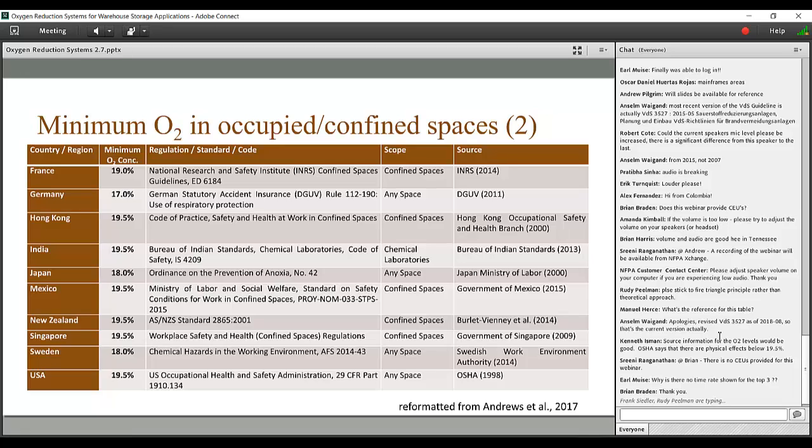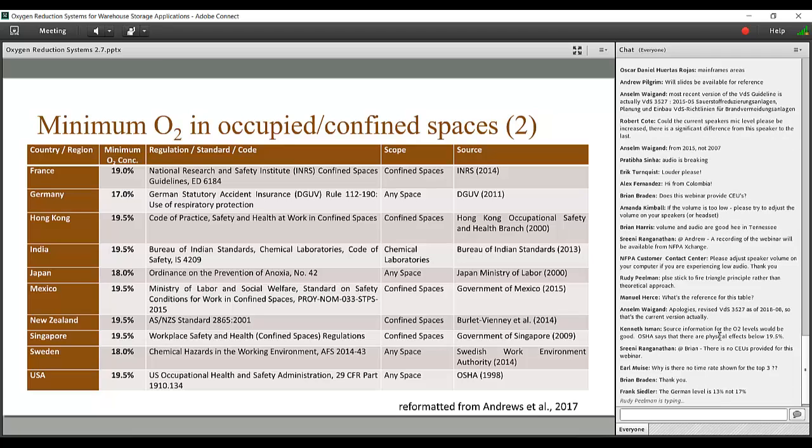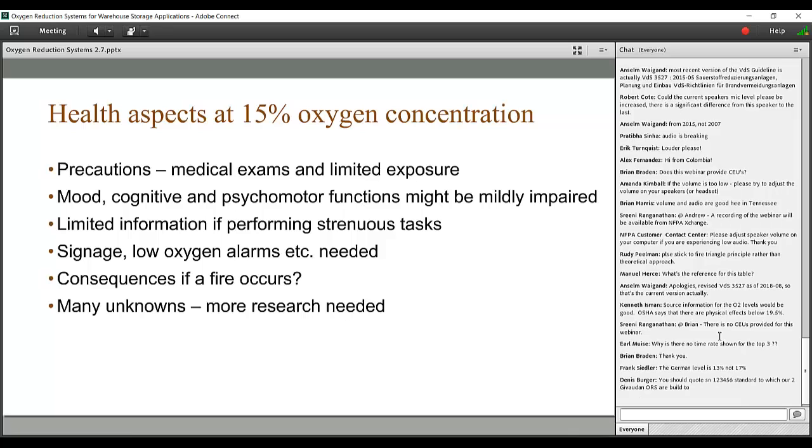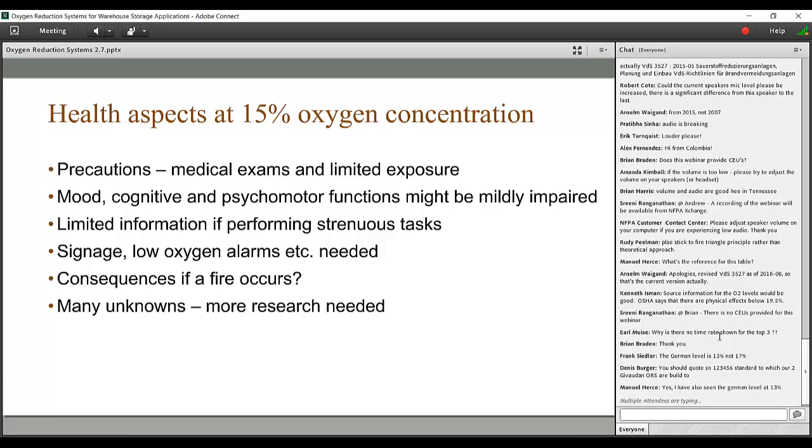Ultimately, when we looked at these issues, in discussion with the project technical panel, we decided it would be important to focus on ORS systems for prevention rather than getting into the details of protection systems, because of the issues associated with the reduced oxygen concentration necessary to prevent ignition without transferring over into negative health effects.